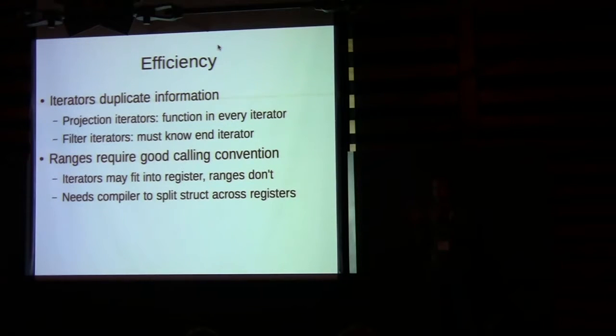If that's a range, then that's too big for 1 register. So you're going to pass it on the stack, unless your compiler is smart enough to say, well, that's a trivial thing, I'm just going to split it up, put it in 2 registers. In D, they actually went to a lot of effort to make sure that happens, because D's standard library uses ranges in the library. This is one of the libraries I'm going to look at later.